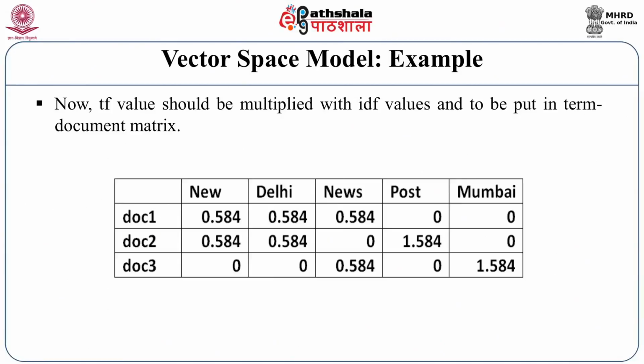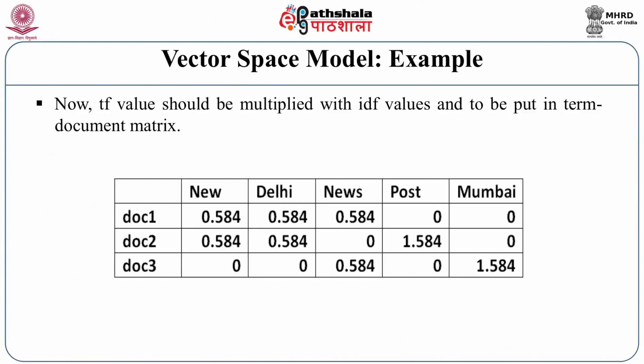You can also do it the other way: the terms may be along the rows, and the document IDs may be along the columns. Both will do. For document 1, the three terms New, Delhi, News occurred, so the corresponding cell value will be 1 and the rest will be 0. Likewise I am doing it for the 3 documents.